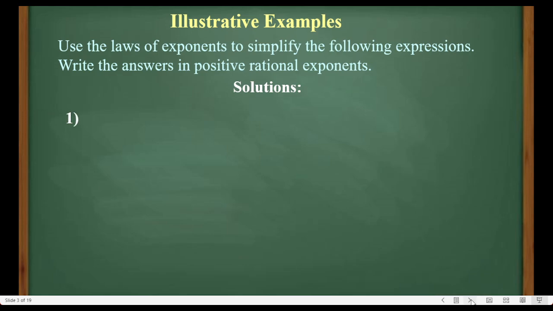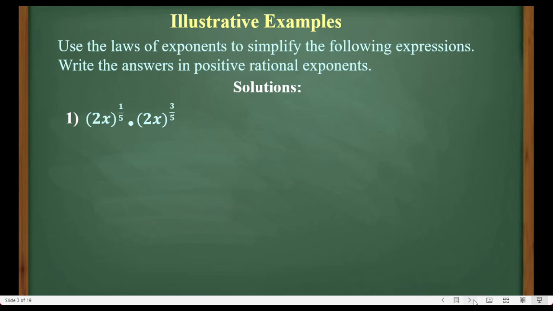So let's take number 1. Suppose you have quantity 2x raised to 1/5 times quantity 2x raised to 3/5. We will simply apply the laws of integral exponents, particularly the first law, which is called the product law.